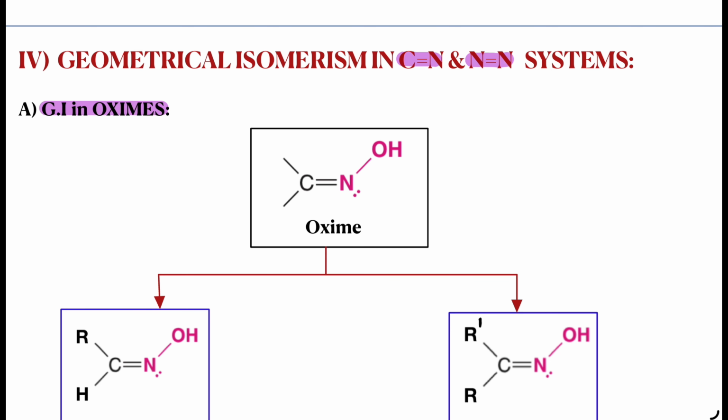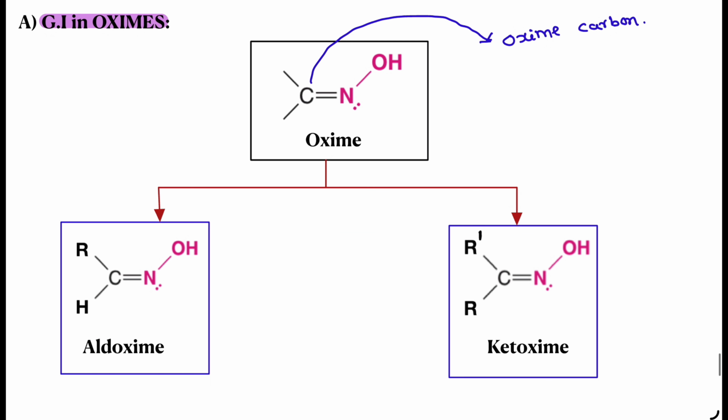For the sake of convenience, the carbon present in that C=N, that carbon I will be calling as oxime carbon. And these oximes are basically classified into two types.